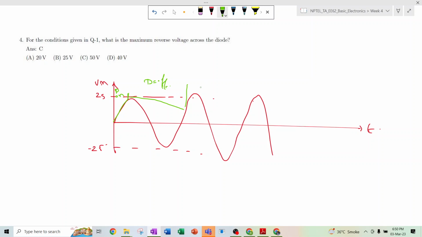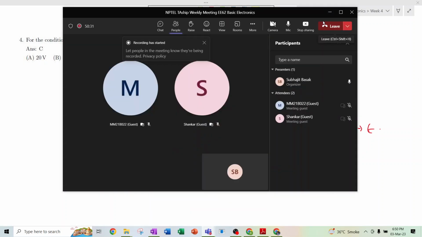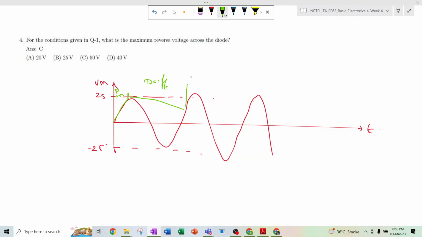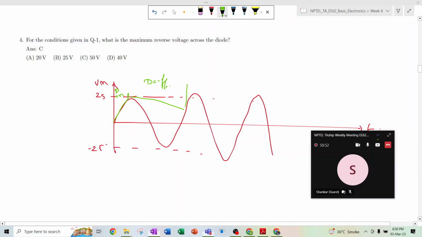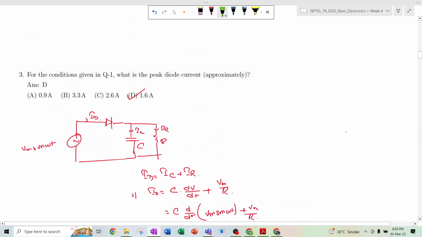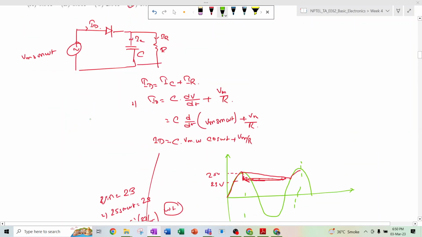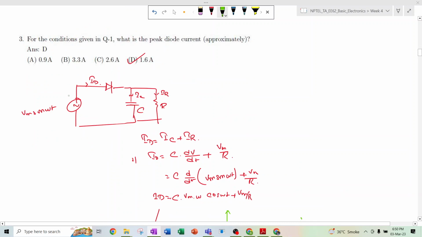Okay, so the diode becomes off. So that means from the circuit we can see this Vm is applied in this terminal, and here it is the output.